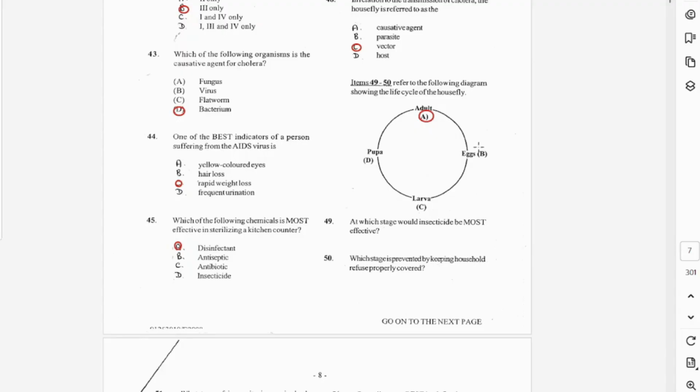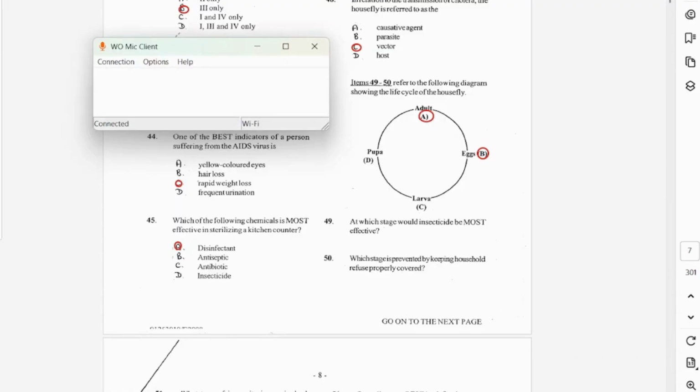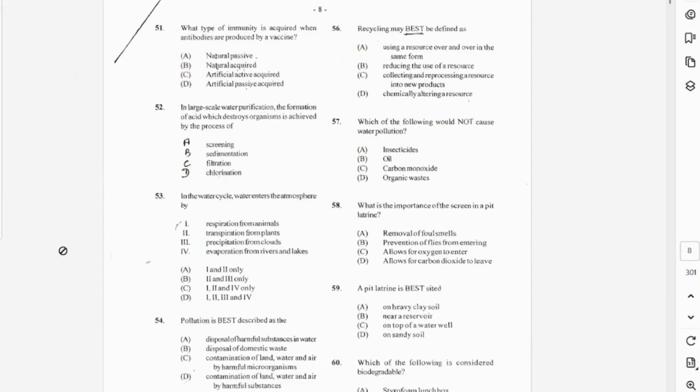That would be B, because they wouldn't have anywhere to lay their eggs. So then we have 51. What type of immunity is acquired when antibodies are produced by a vaccine? The answer is C, artificial active acquired.